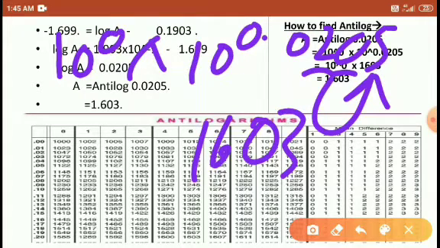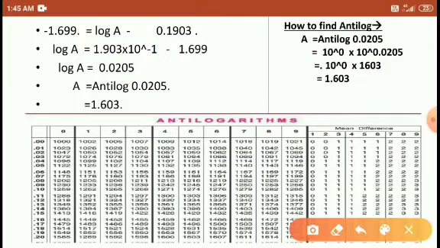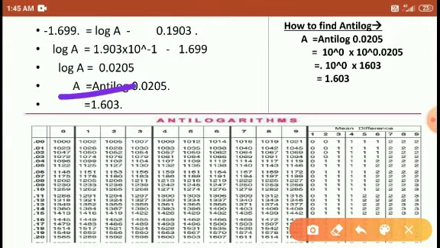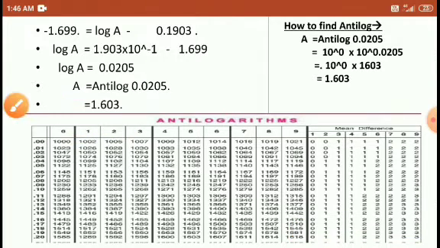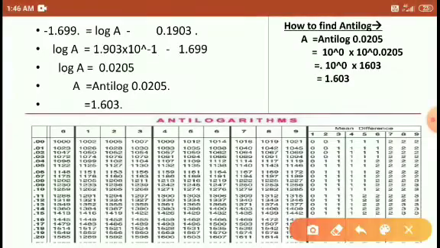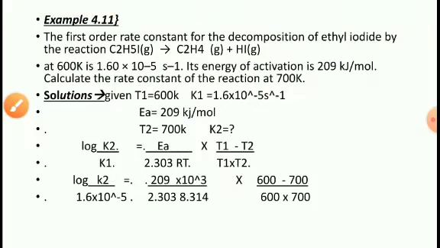So the point is placed after one digit, that is 1.603, right? The antilog of A is 1.603. This is the answer, students. Here you are finding the antilog of A. This is the first numerical we have completed. I hope you understood. So let's see one more example.